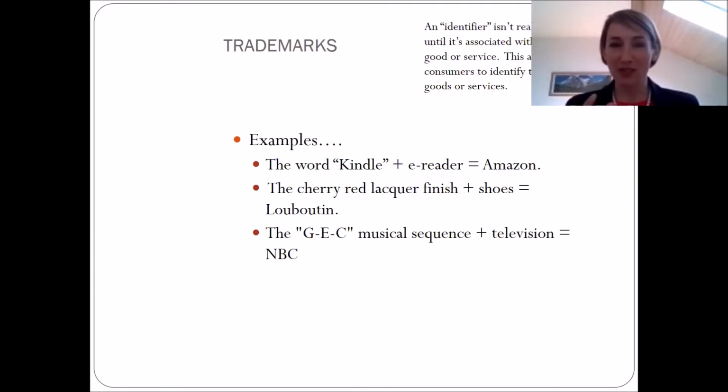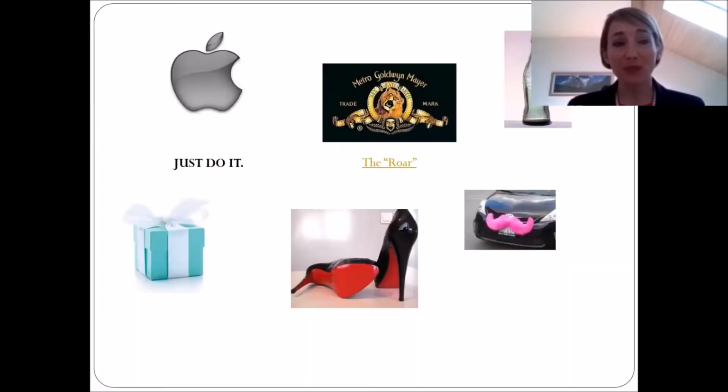So there's three standard examples, one a word, one a color, and one a sound, of how you could have a trademark, because all of these things ultimately make consumers think, hey, this item or this service comes from this purveyor.